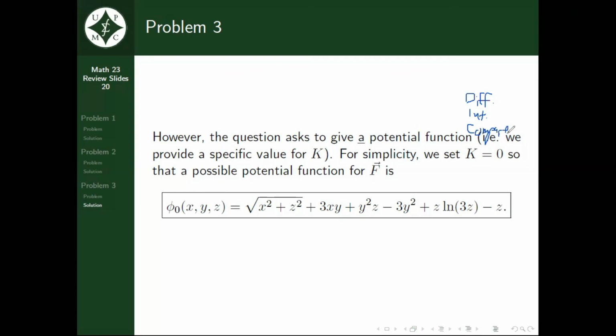Kung ano mang mangyayari. Okay? Para unti-unting pupunta sa potential function. Diba? Parang roller coaster ride lang. Ulit-ulit ka lang. Okay? So, this ends our review on this topic, conservative vector fields.